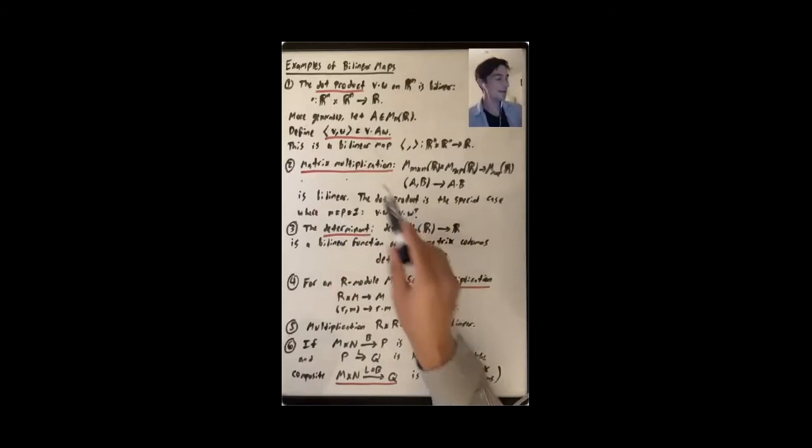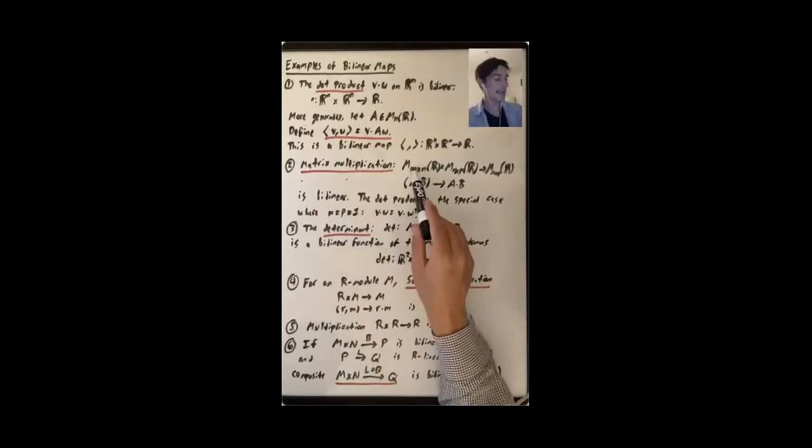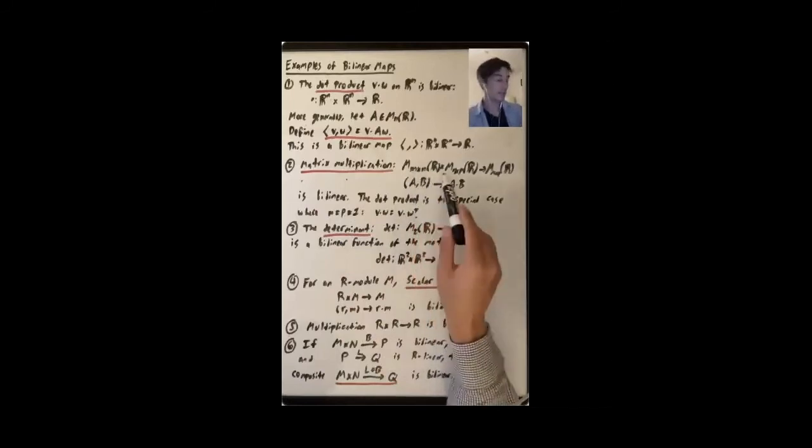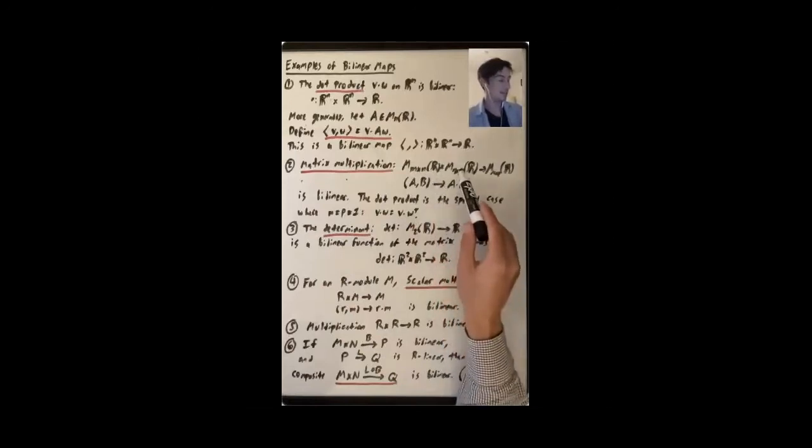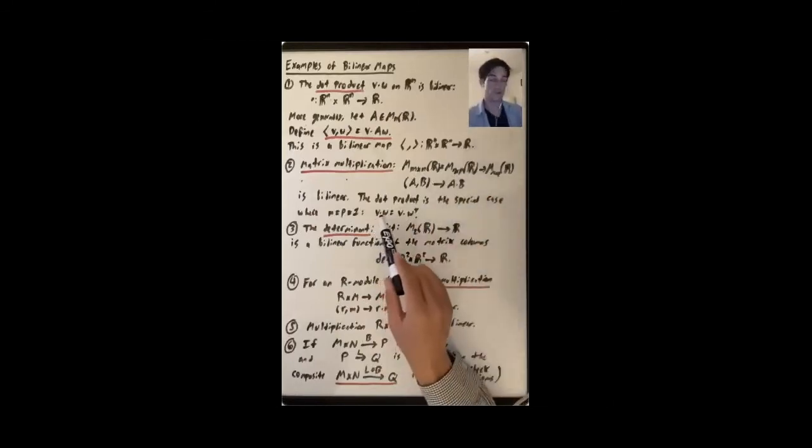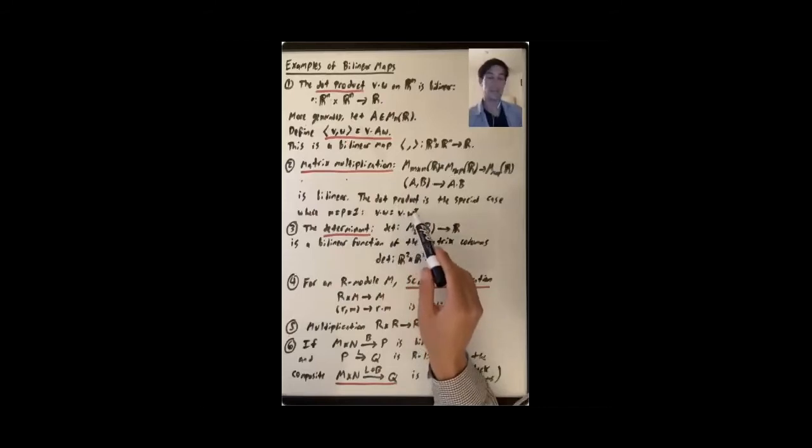And the dot product that we already saw is a special case of this, where this first m is 1, so you're taking a row vector with n entries, and this p is also 1, so this is a column vector with n entries. You just have to be a little careful, where V times W is the dot product of V and W transpose.